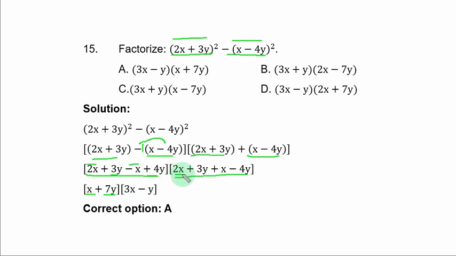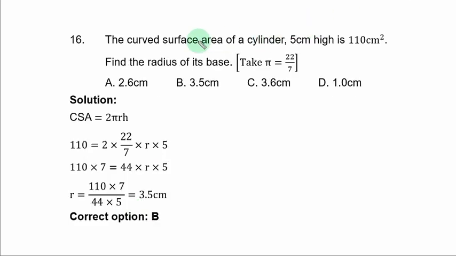If you come here, 2s plus s, you have 3s, plus 3y minus 4y, you have minus y. So A is the correct option.